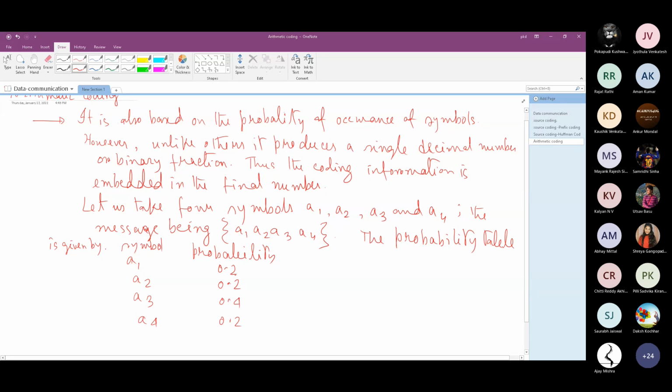However, we have a probability table estimated based on the occurrence of a large number of A1, A2, A3, and A4. So basically, we have assumed that we have not computed this probability table from this message to be transmitted. Rather, it has been estimated based on the occurrence of the symbols for a certain interval of time or a certain set of symbols.